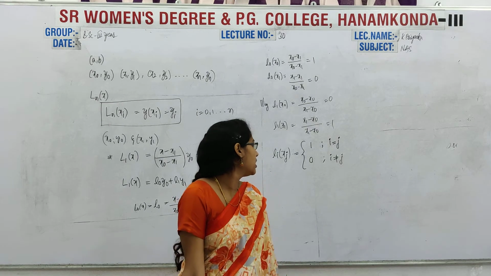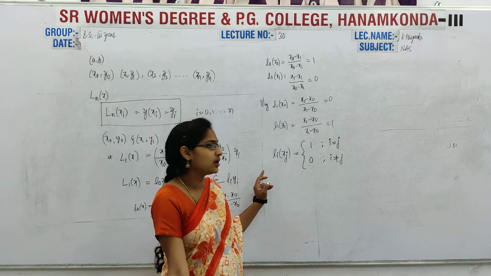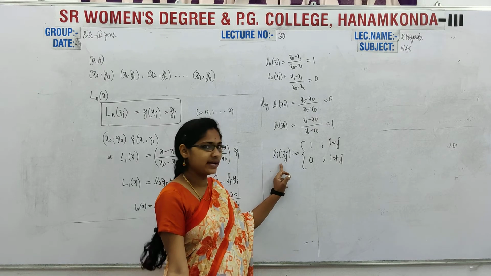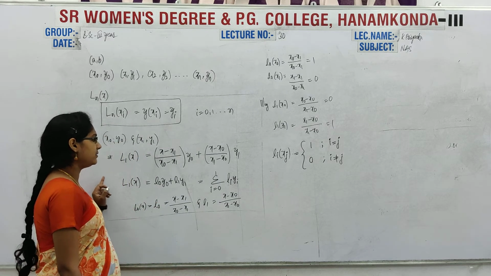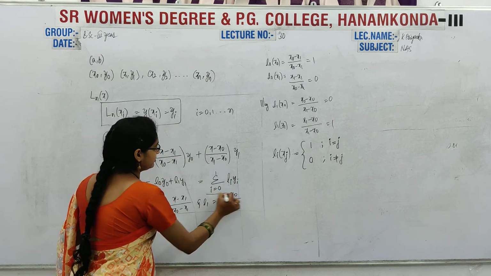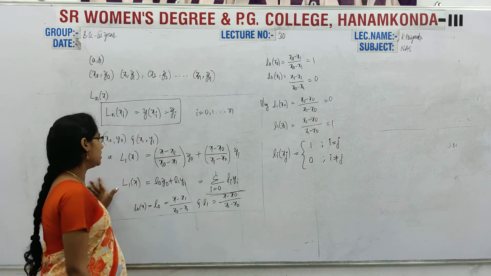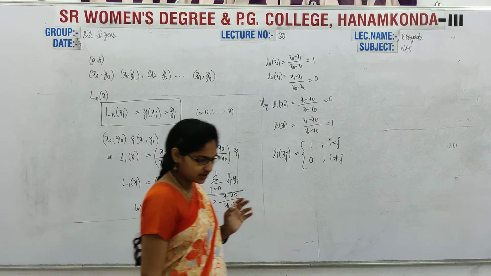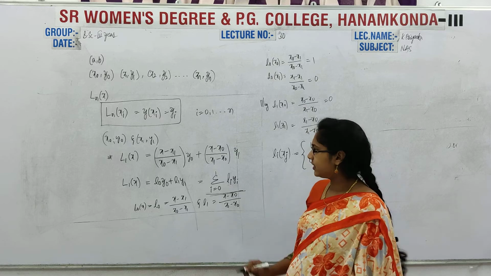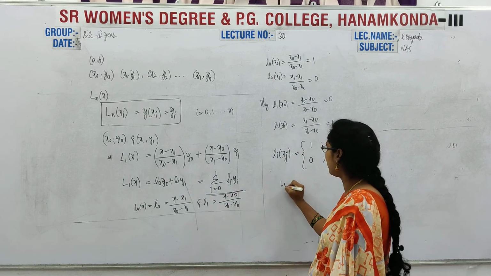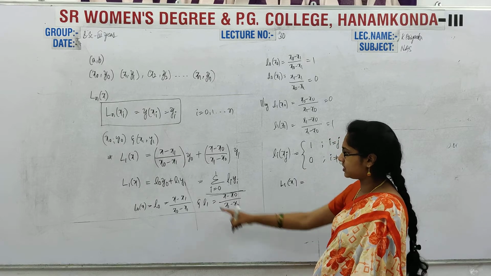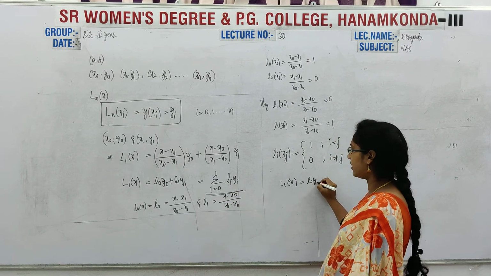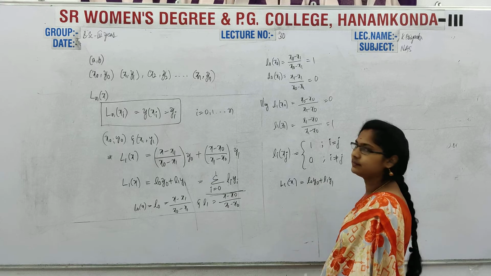Therefore, by substituting the value of Li of xj, we get L1 of x, that is nothing but L0 y0 plus L1 y1.